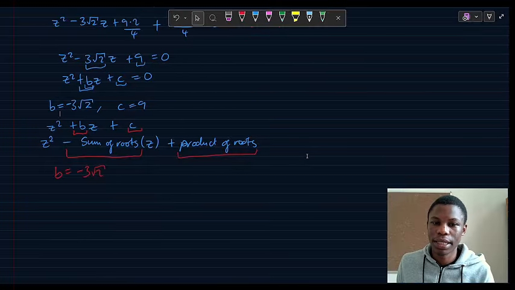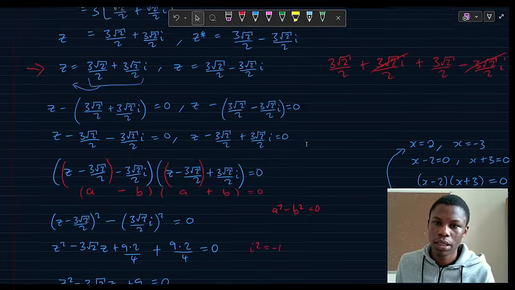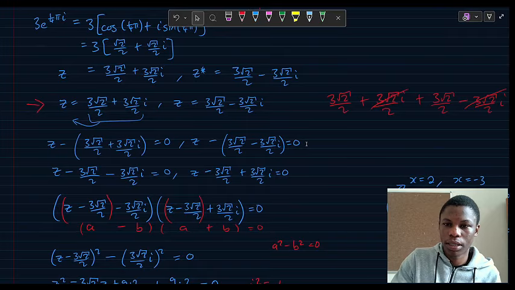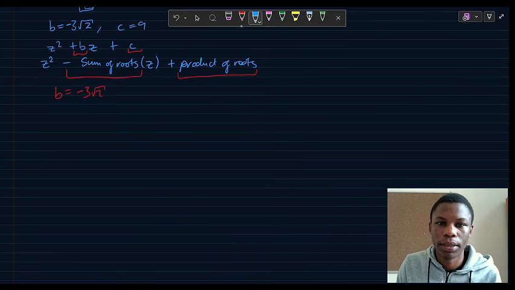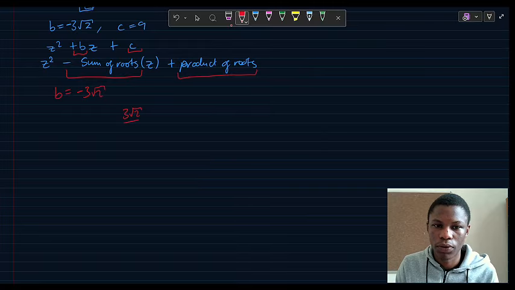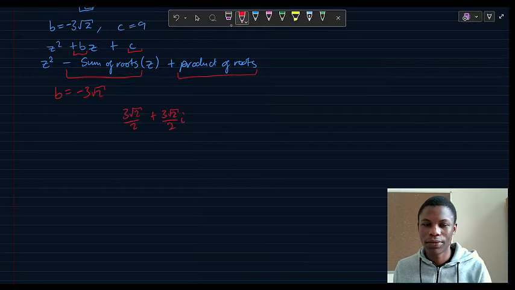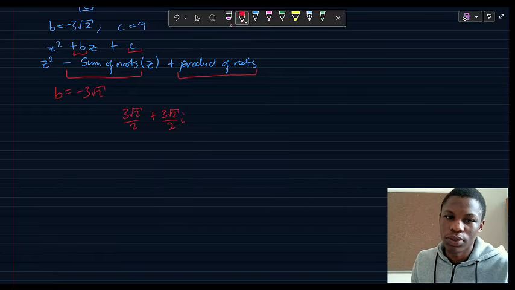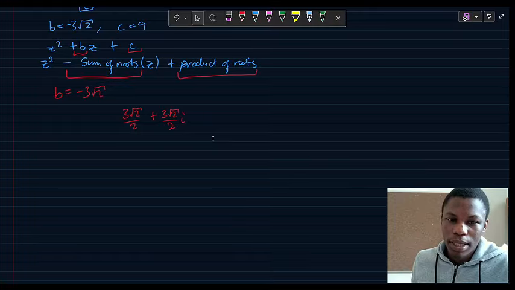And we can do the same for the products. So for the products, let's do it down here. We've got 3 root 2 over 2 plus 3 root 2 over 2 i, and this is multiplying. In fact, I think I'm just going to factor out the 3 root 2 over 2 because it's going to be there.